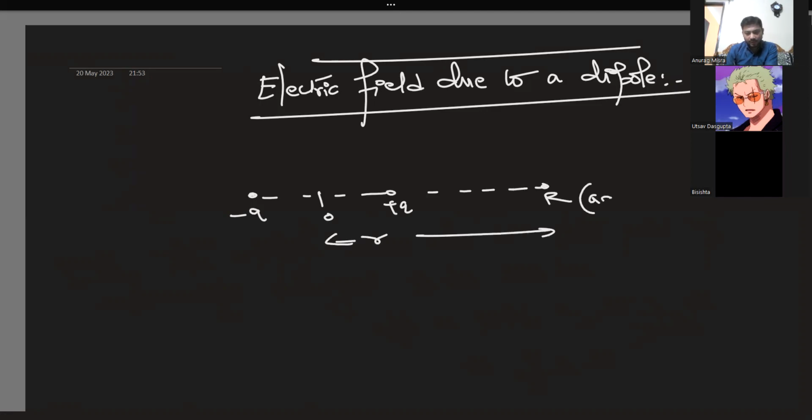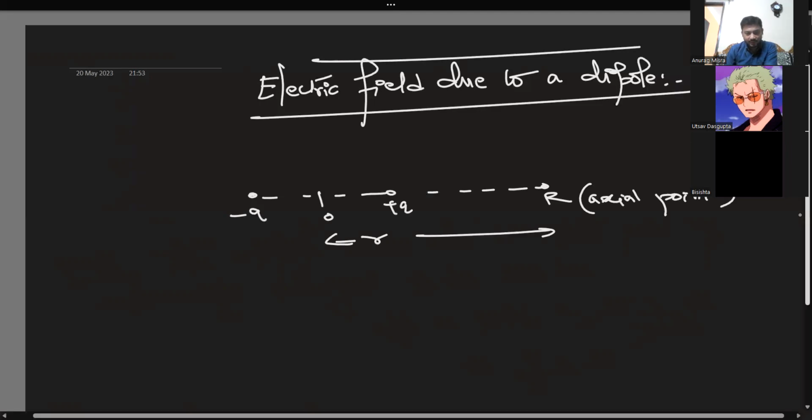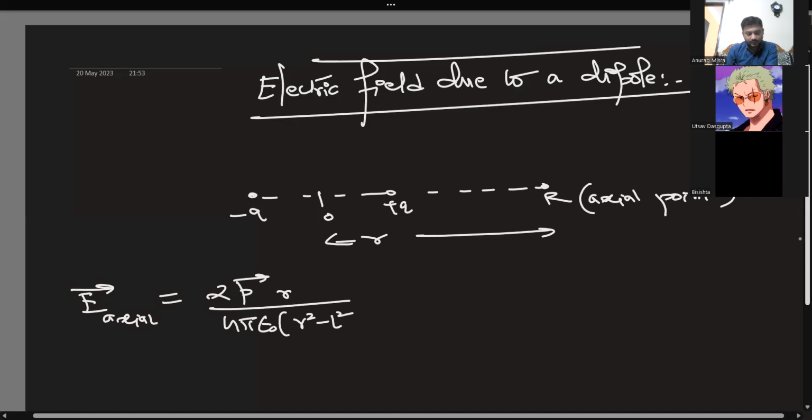This point will be called an axial point, because it is lying on the axis of the dipole. The line joining minus q and plus q is called the axis. So what is found is the electric field at the axial point. This is given as 2pr, where p is the dipole moment, by 4 pi epsilon naught times r square minus L square whole square.